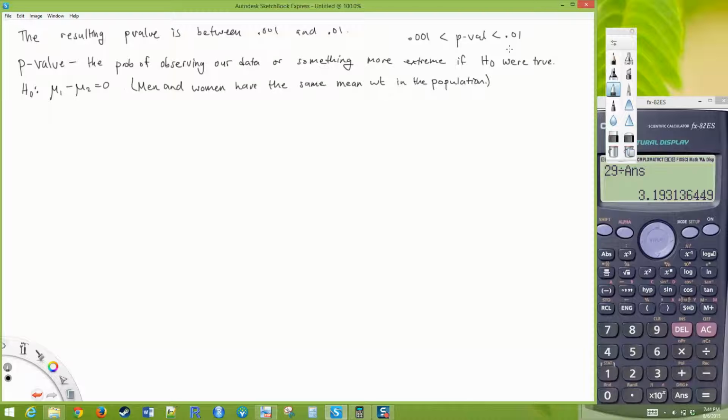So the question now is, well, do I think it happened? Do I think I'm one of those lucky less than 1%? Do I think I'm in that less than 1% chance? Could that be the case? Or is it more likely that my initial assumption about the means being the same is wrong?